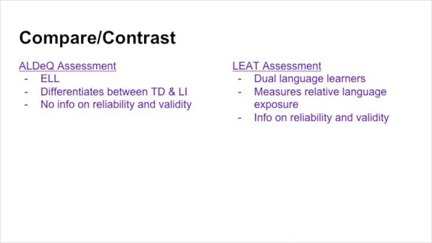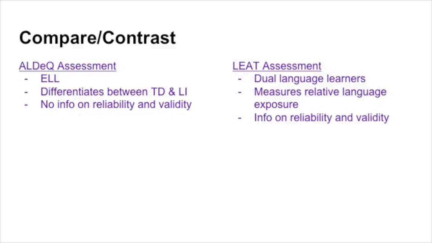So to compare and contrast these 2 assessments of bilingual language exposure, the ALDQ focused on children who were English language learners. The purpose was to differentiate among these English language learners whether they were typically developing or language impaired, but this assessment included no information on its reliability or validity. In contrast, the LEAT assessment is a little bit newer, as it was developed in 2016.